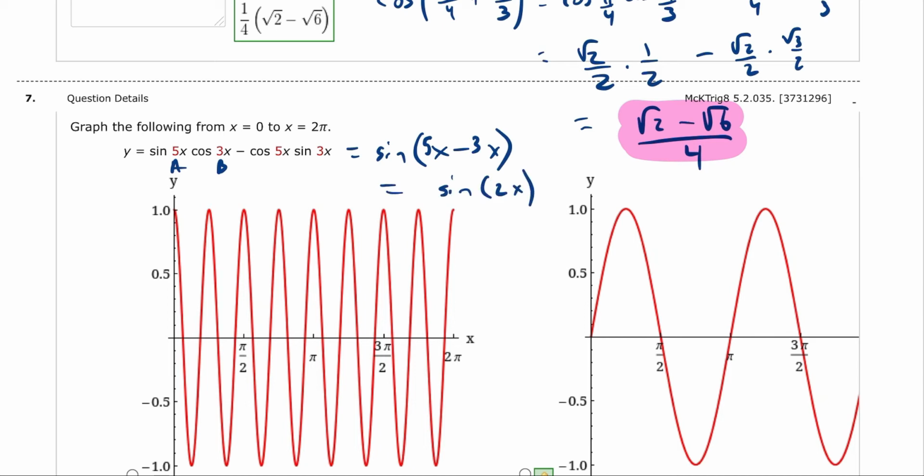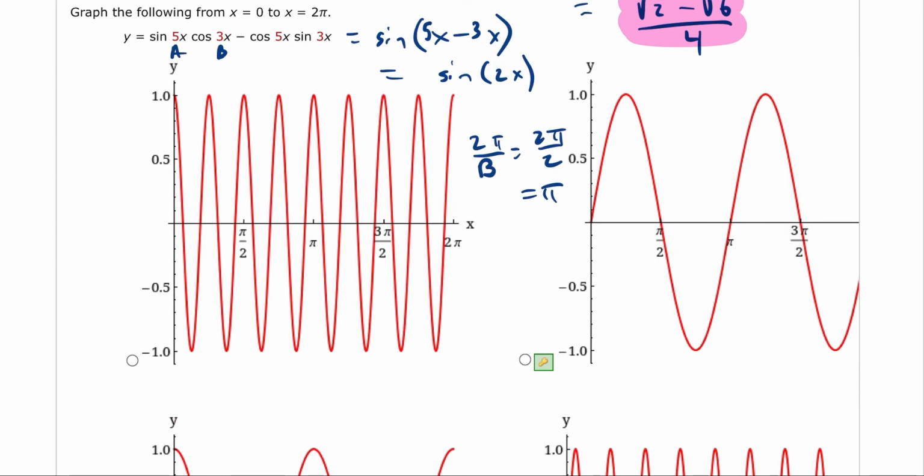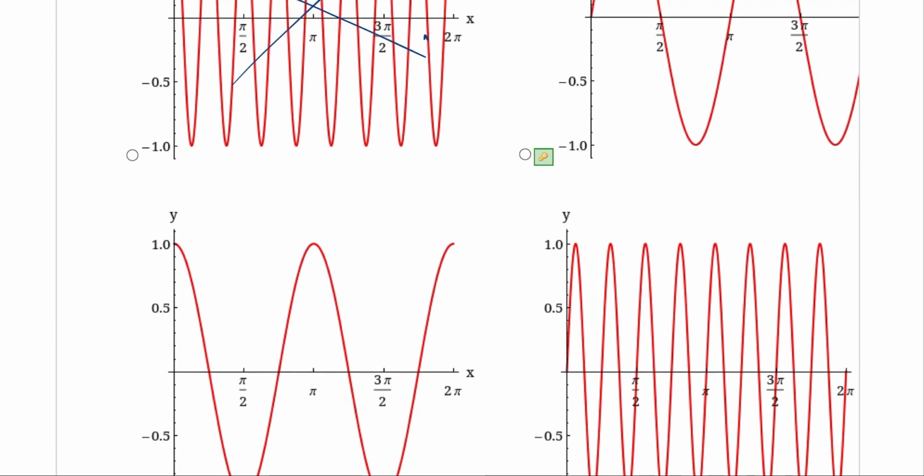All right, well, we know that the period for sine is 2π over b, which in this case is 2π over 2, which is π. So one complete cycle should be π. Notice that sine starts at 0, so it can't be this one.